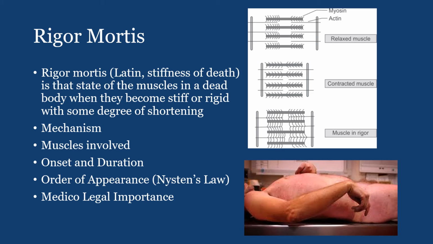So what is the actual mechanism behind this? Muscle fibers contain bundles of myofibrils, which consist of two types of protein filaments: one is actin and the other is myosin. At rest, actin and myosin filaments are separated and relaxed. When contracted, as you see in the second part, both merge together and become stiffened.